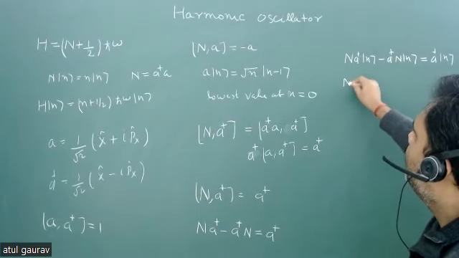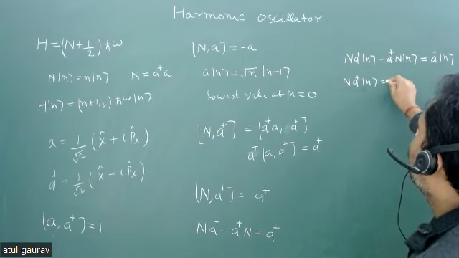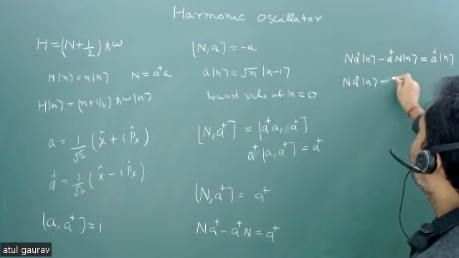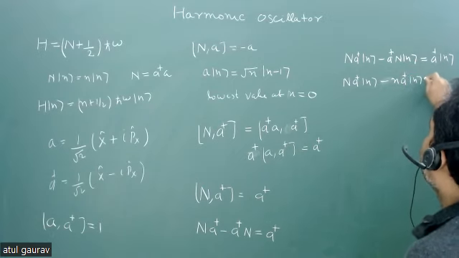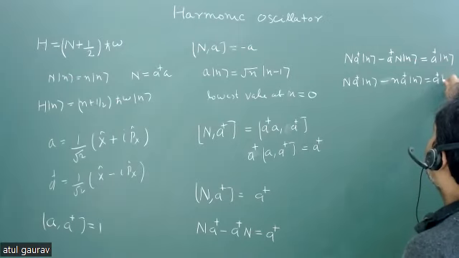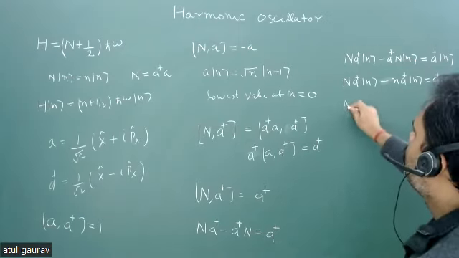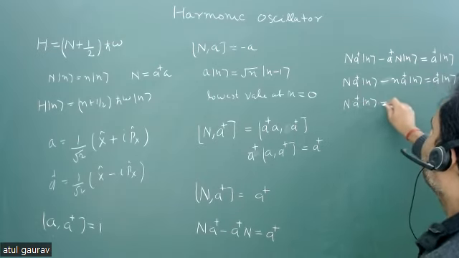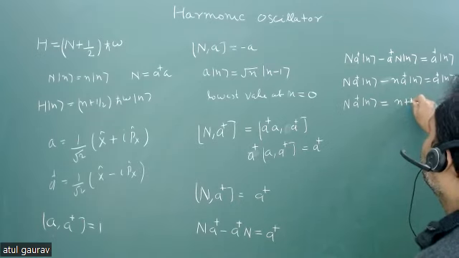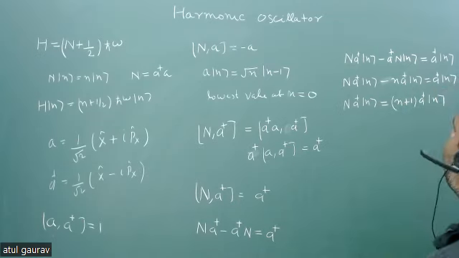So we have n A dagger |n> is equal to (n plus 1) A dagger |n>.